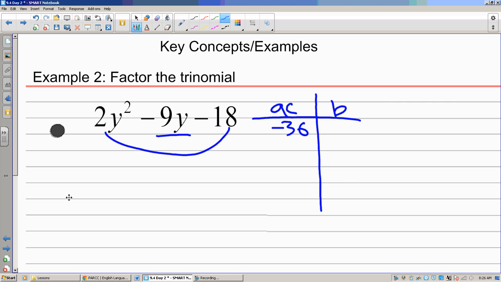And then negative 9. Then I was going through the factors of negative 36 and seeing what would also equal negative 9. And I got 3 and negative 12.